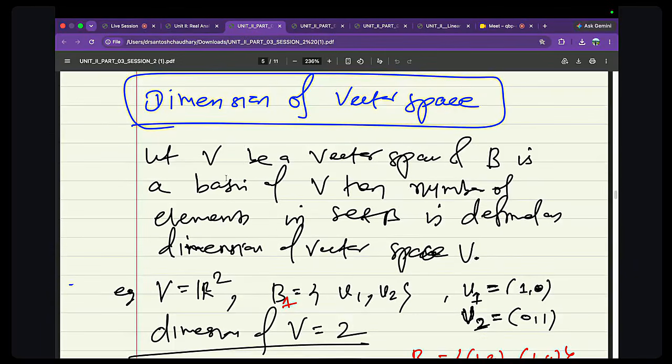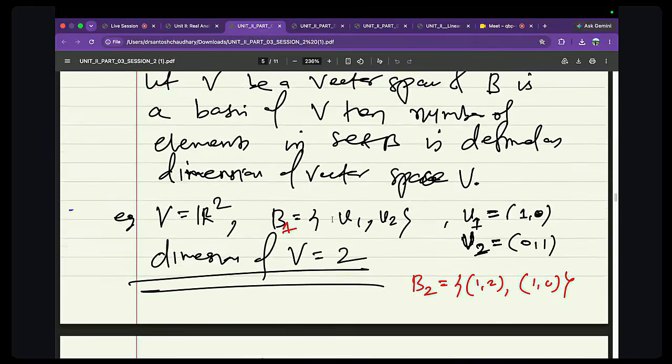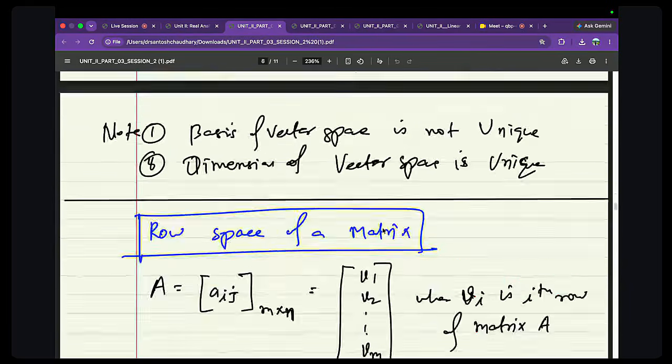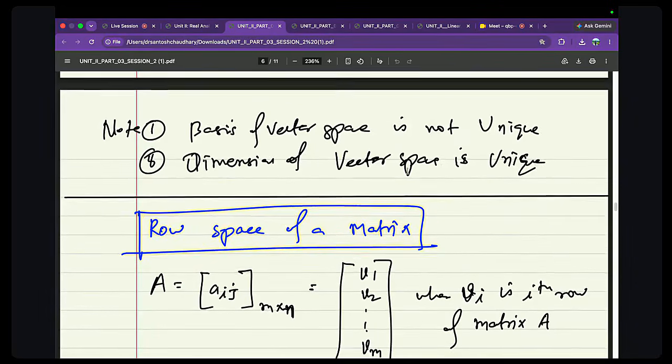Let V be a vector space and B be the basis of V; then the number of elements in the set B is defined to be the dimension of vector space V. Like (1,0) and (0,1), these two vectors form a basis and dimension is 2. The basis of a vector space is not unique, but dimension is unique. In fact, basis is not unique for any multiple you take.